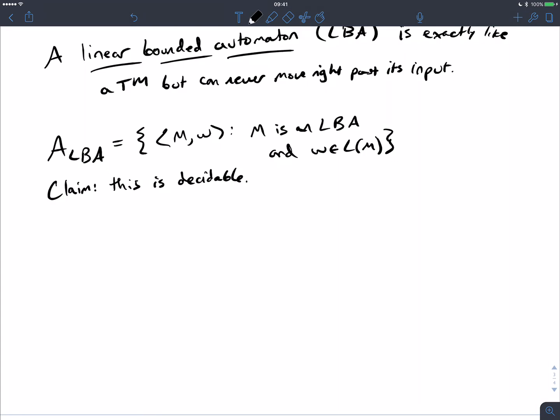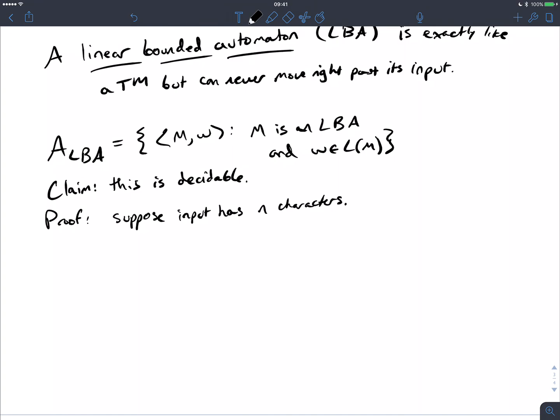Well, let's see. The tape size is fixed. Suppose the input has n characters. In other words, there are n tape cells, which is a finite amount. Suppose we had a configuration of the machine at one point. And then let's say I run it a little bit longer, and I get exactly the same tape contents, same state, and same tape head position.